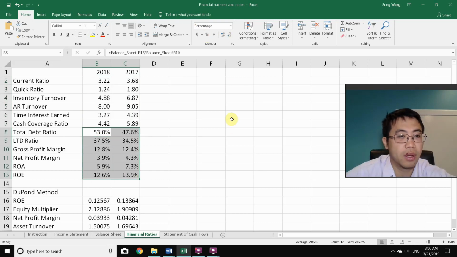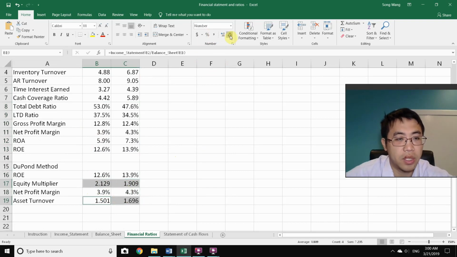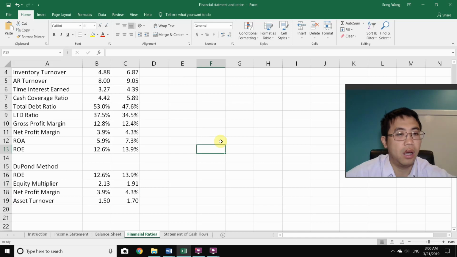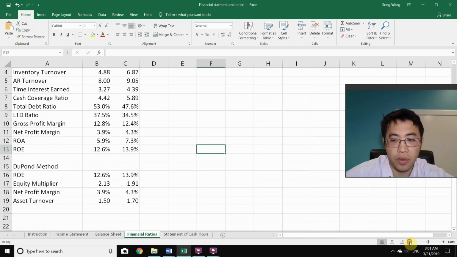And likewise for the ROE, I want it to be in percentage. Nice and easy. And for this net profit margin percentage, and for the equity multiplier, I want to decrease the decimal. All right, so that's the format of the ratios.